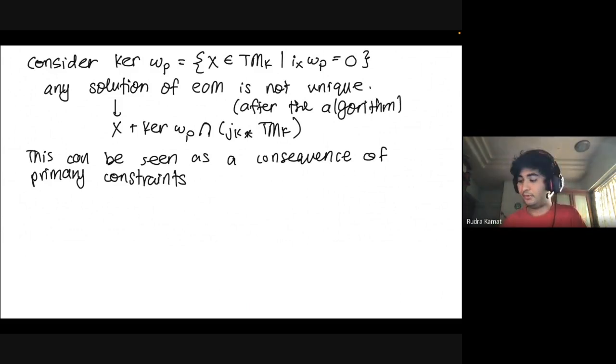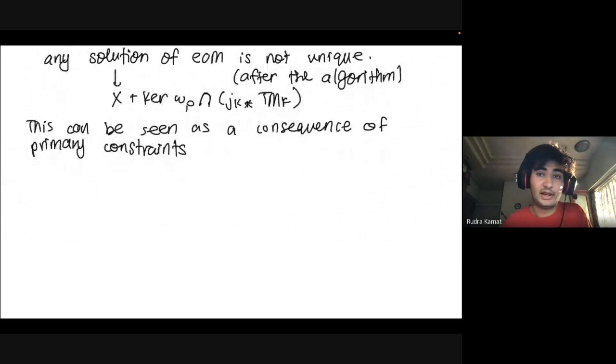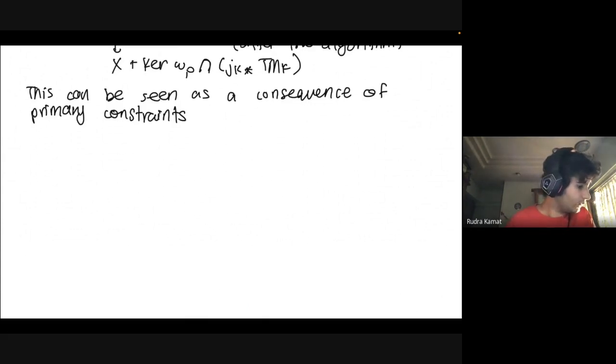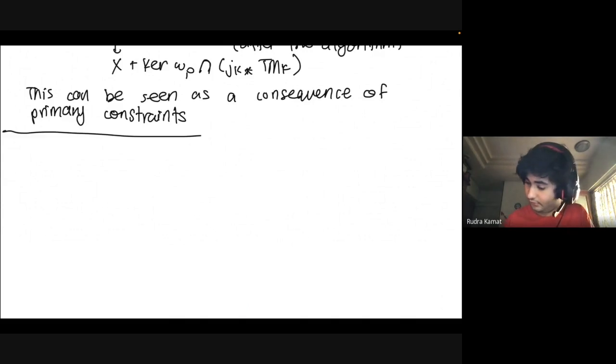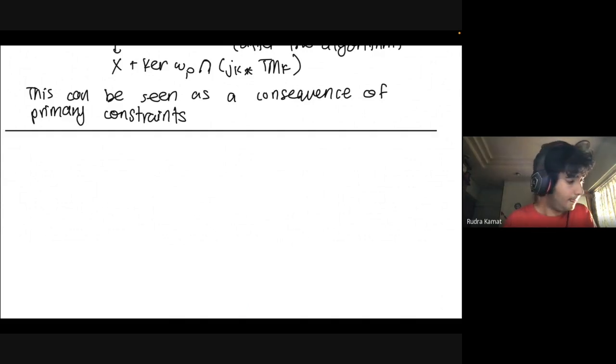So this means that this non-uniqueness is inherent, and it is inherent because of the primary constraints. Now, I just want to start a little fresh subsection here. I will come back to this point of primary constraints when it becomes more relevant.